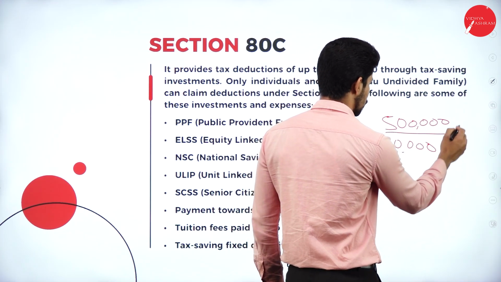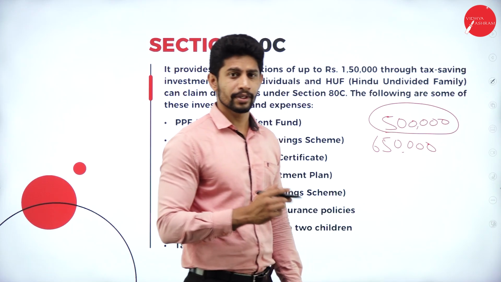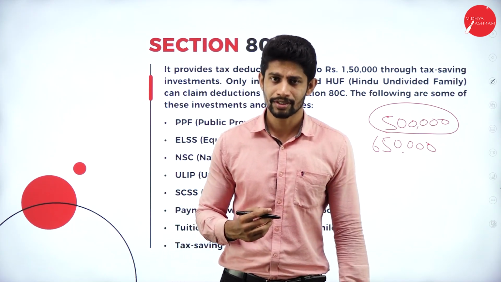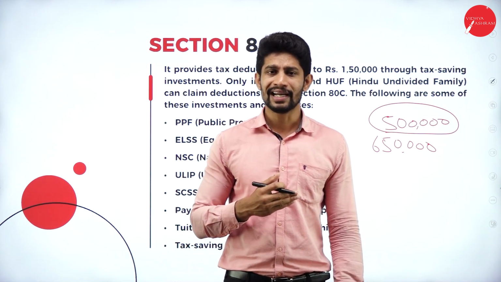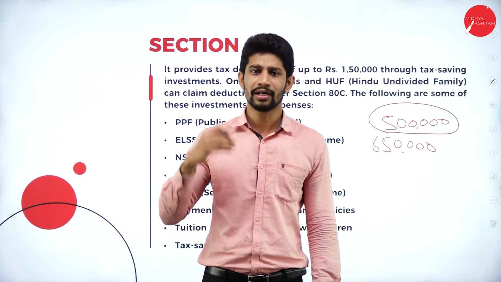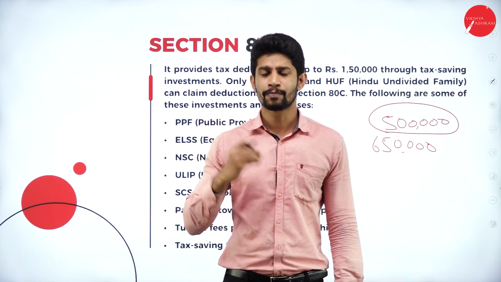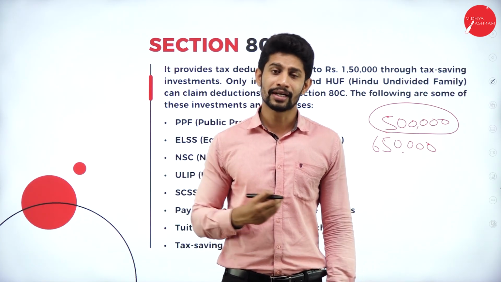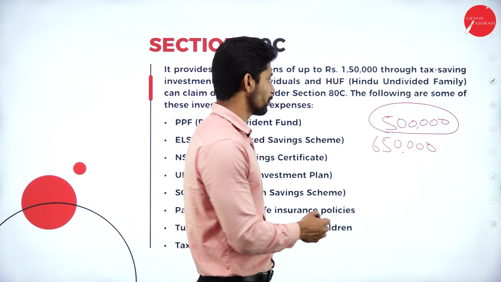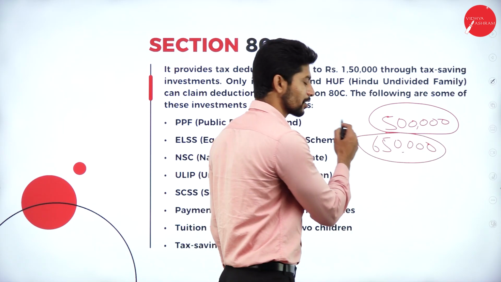Actually if your income crosses 5 lakh rupees, you are supposed to pay tax, but by investing your money in some schemes, or by donating, or by investing in your spouse's name or in your children's name, you can save another 1,50,000 rupees under the deductions column.